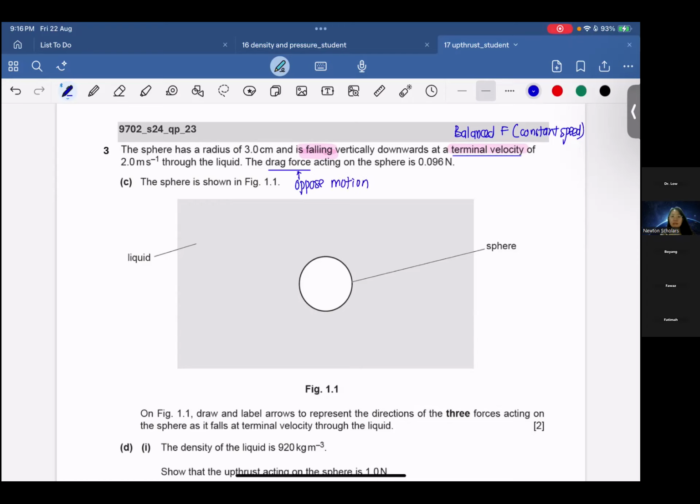So where is the direction of your drag force? You have to think. First, I highlighted falling, so it's going down. If you're going down, your drag force opposes your motion. The drag force should be an upward force. So I label the drag force, maybe F. Maybe we write drag.